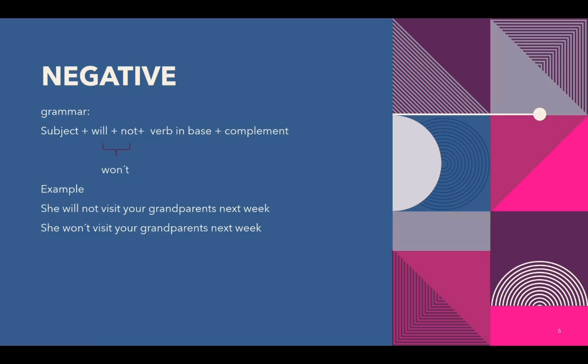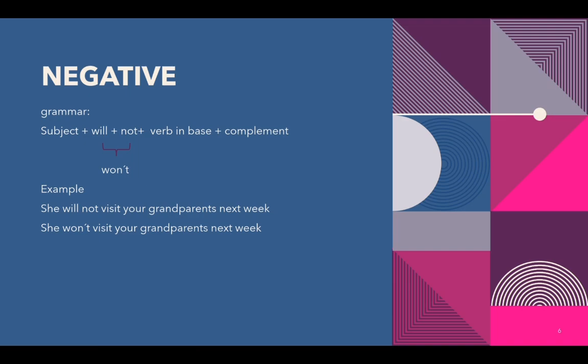Then now I teach the negative sentences. The difference is that you need to add the word not. So in the grammar it is subject plus will plus not plus verb in the base form plus complement. That is the difference. We need to add not.